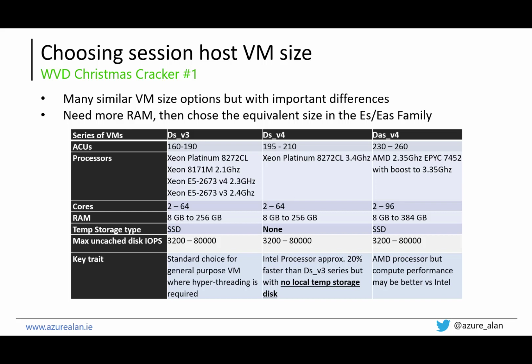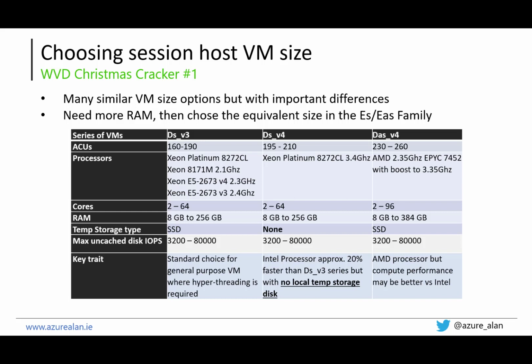The other one I put alongside this is the DAS-V4 in a different series, that has the AMD processor instead of an Intel-based processor. Again, it's the same price, so there are similar sizes you can choose here for no extra cost. It's just the processor that's different. But if you look at the ACU there, the Azure Compute Units, you'll see it's actually higher.